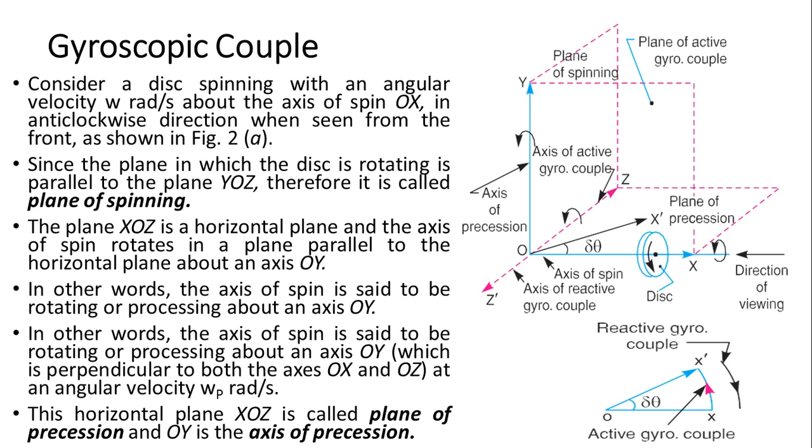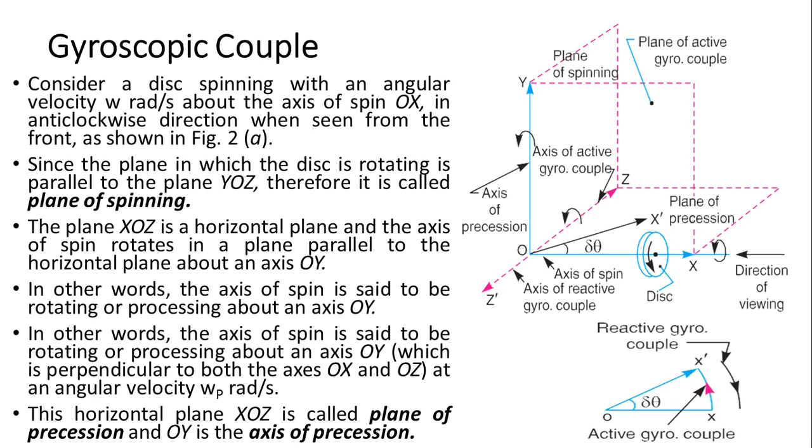Let us consider now a simple disk which is spinning with an angular velocity omega radians per second, and the axis of spin is again in the ox direction. Let us take the direction of viewing from right to left, and consider that the disk is rotating anti-clockwise.